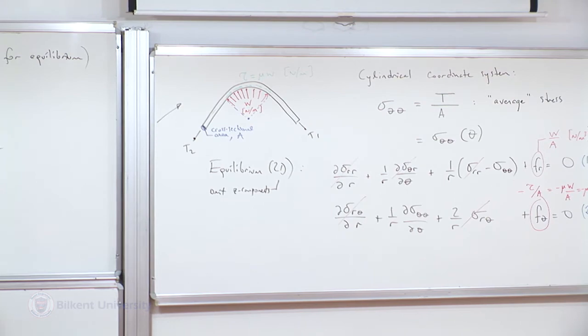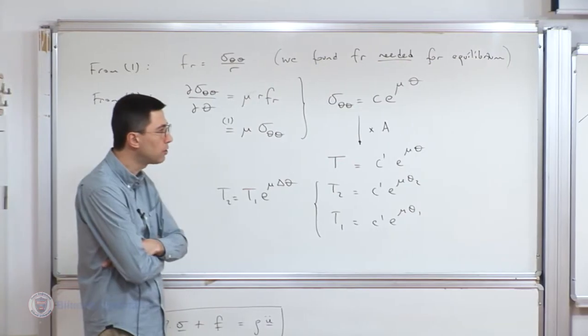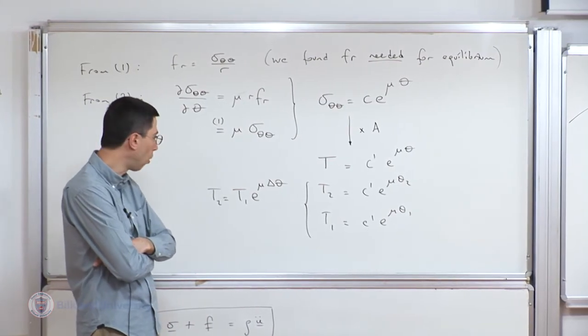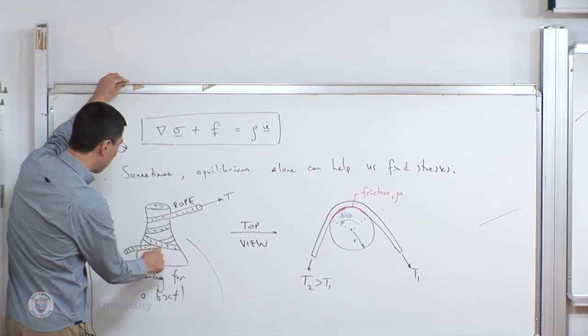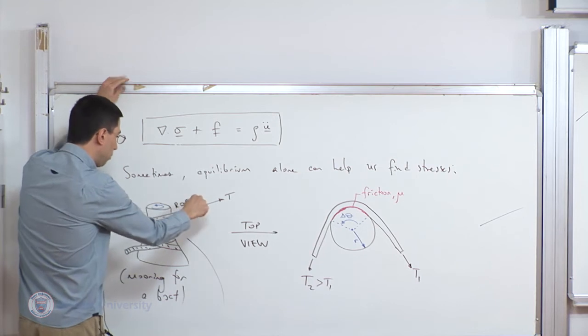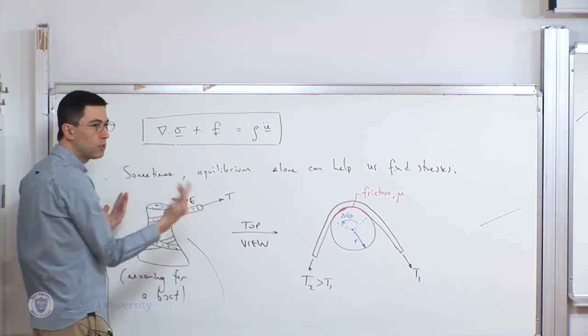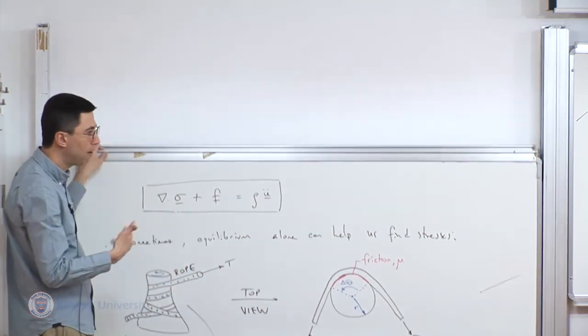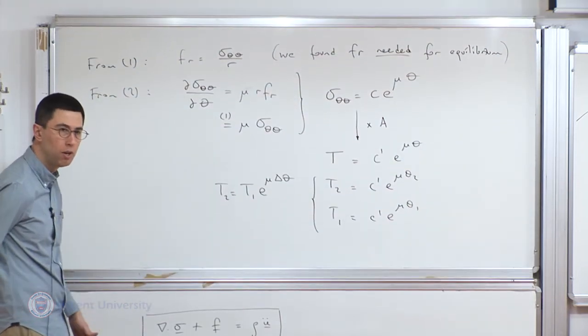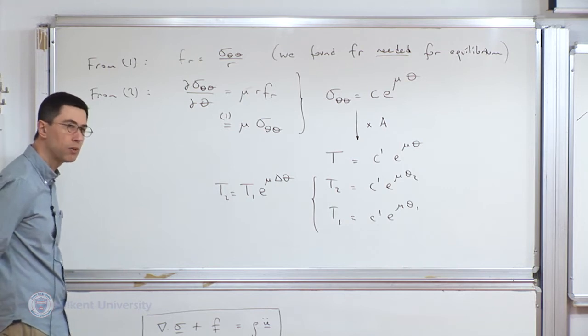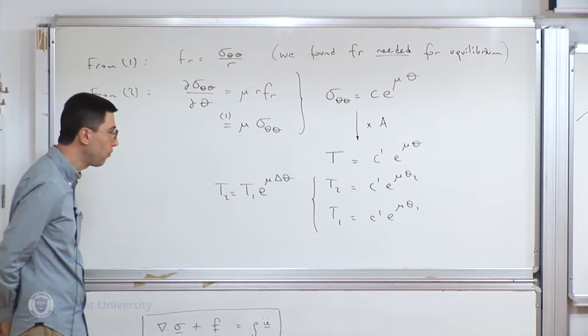Because it's a normal stress, sigma theta theta. And if you're interested in the total change in the rope, if you turn around a few times, so the initial length was L, what's the new length? I have no knowledge about that, right? What I only have is the tension in the rope. So obviously, to think about elongation, I need to look at a few more things.